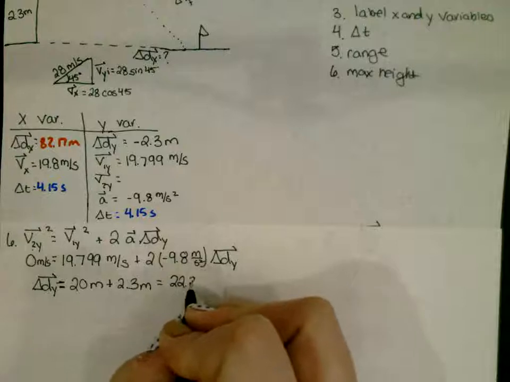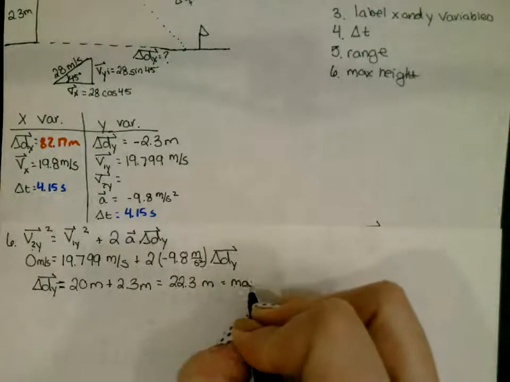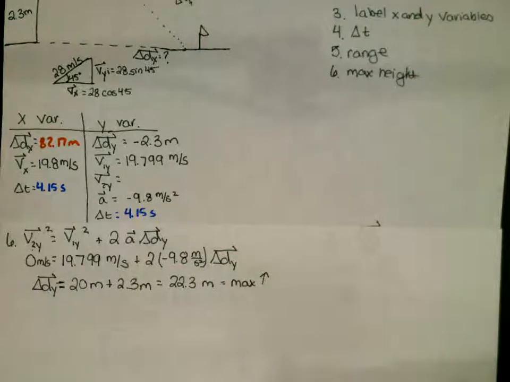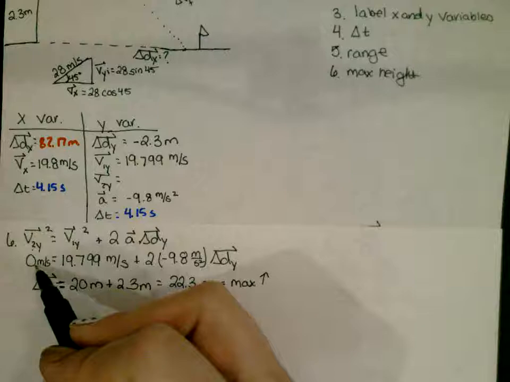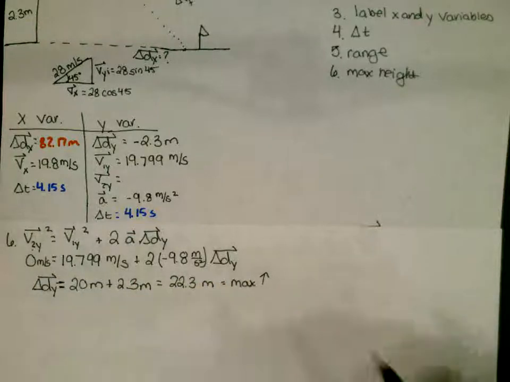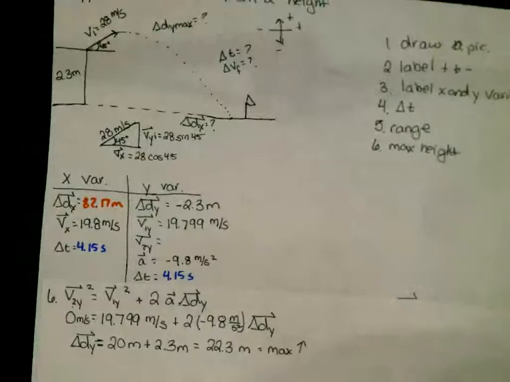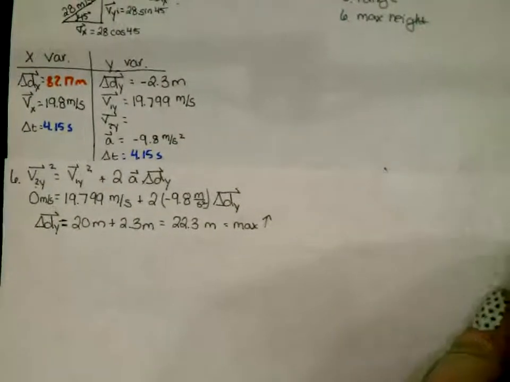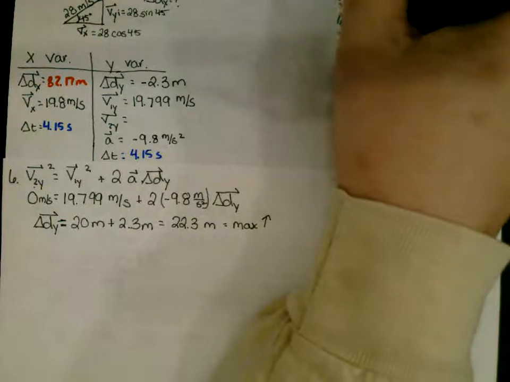So 22.3 meters is going to be our maximum height. So when this y is 0, we're at 22.3 meters above the ground. The last thing we're going to have to look for is our final velocity.